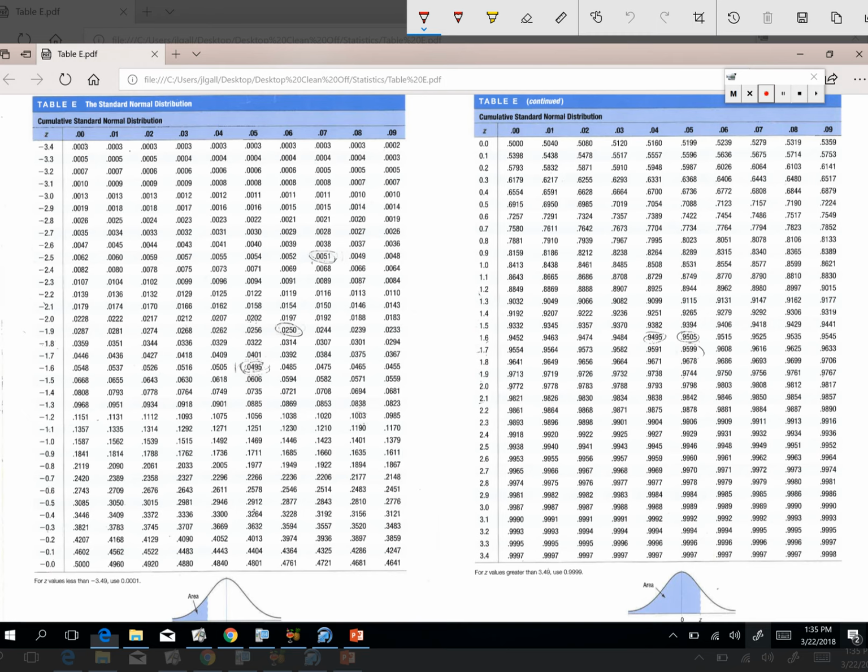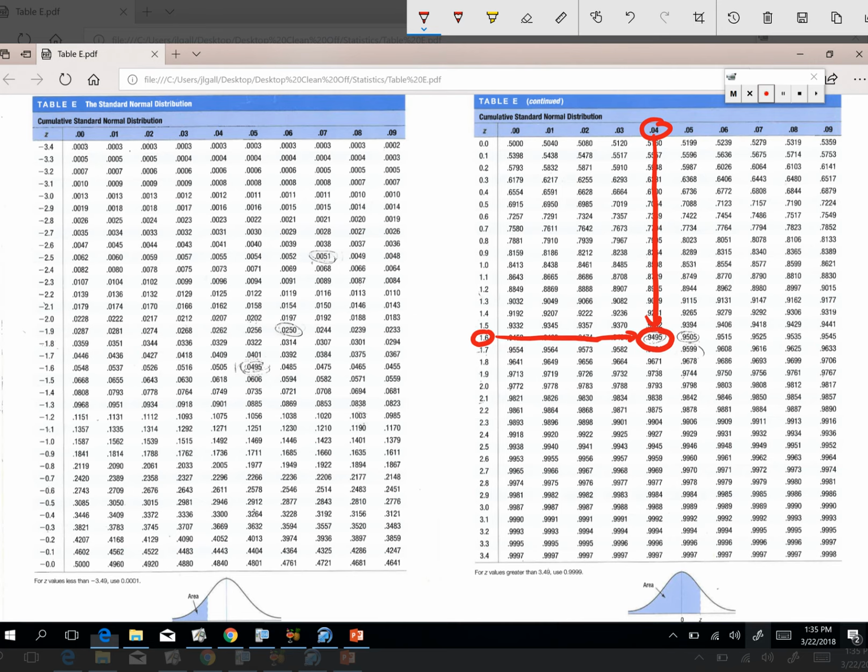If I look at my test value of 1.64, I get an area of 0.9495.